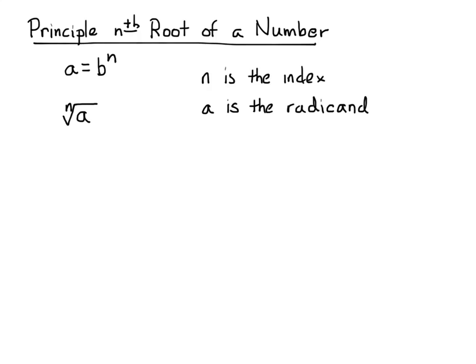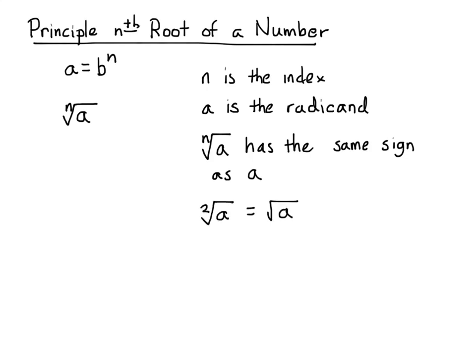In this equation n is the exponent; in the radical, n is the index, a is the radicand. And so we're making the definition that the principal nth root of a has the same sign as a.